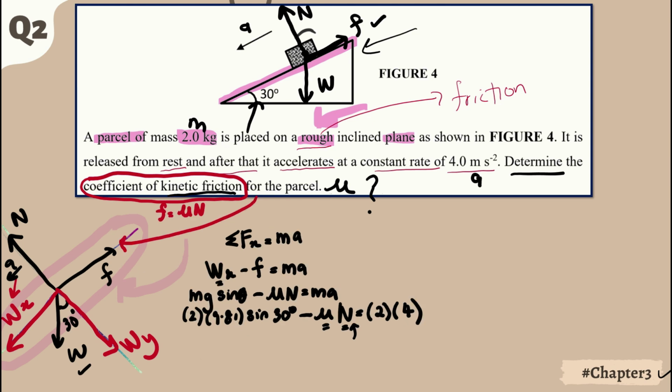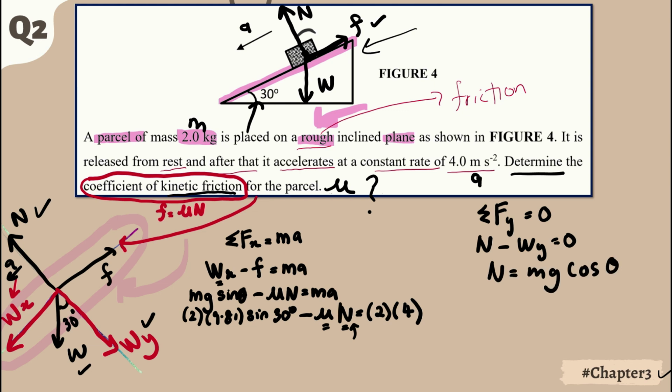We now solve the y-axis, so summation of Fy is equal to 0. There is no motion in the y-axis. In the y-axis we have N and also Wy. N minus Wy is equal to 0. N is equal to Wy, which is mg cos theta.